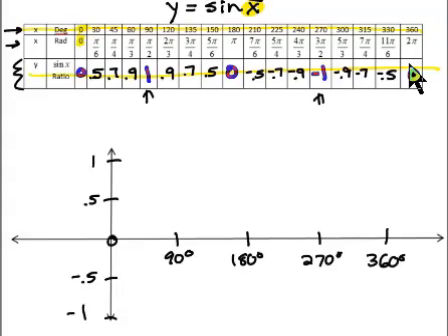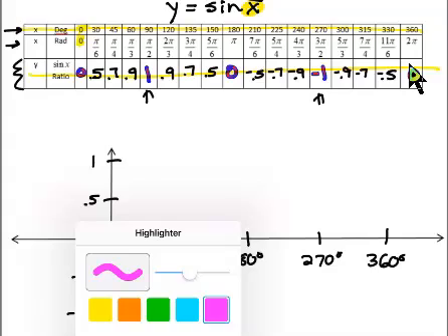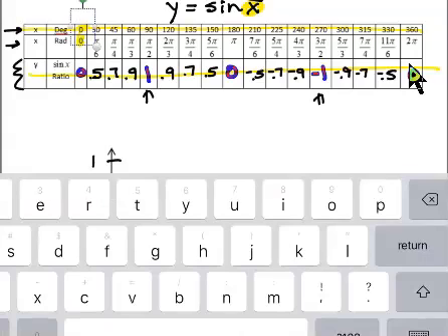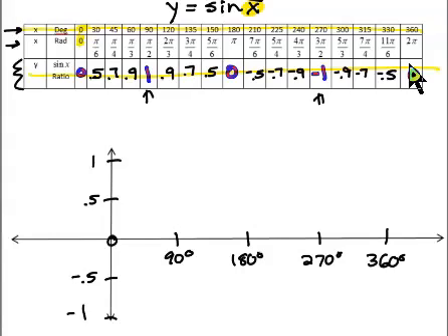And now we're going to plot our points. So I'm just going to start with the ones we talked about at the beginning, and that is 0, 0, right 90, up 1, right 180, 0, right 270, down 1, and right 360, 0.